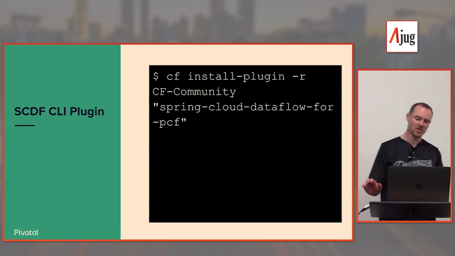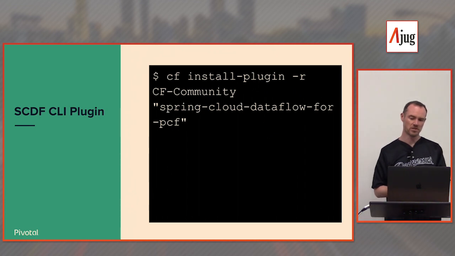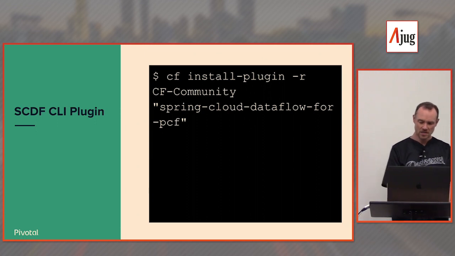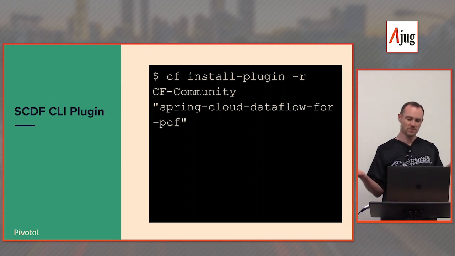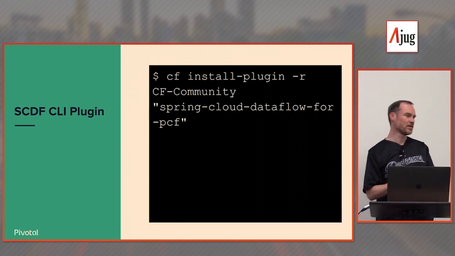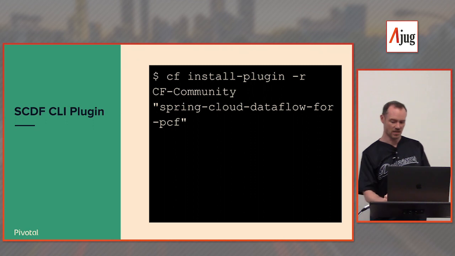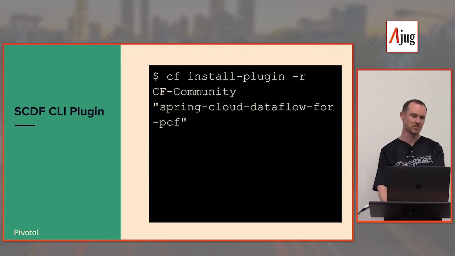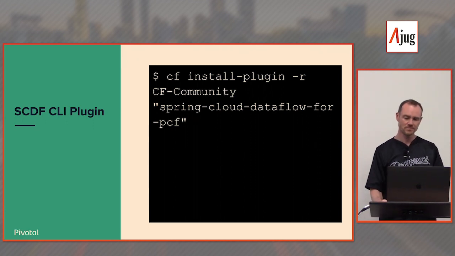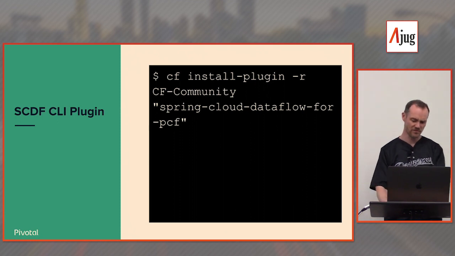But even more than that, what we have are some plugins on the CF CLI. So we have a plugin for Dataflow, and you might say, well, what do we need a plugin for? Glenn did not show you that we have a CLI for Dataflow itself, and it allows you to do all of the interactions that you saw with the website. So there's complementary functionality there.